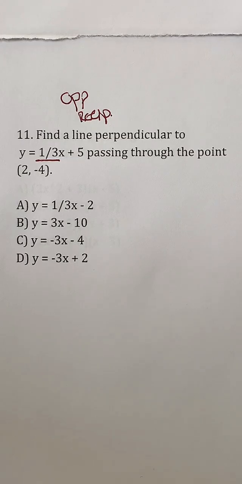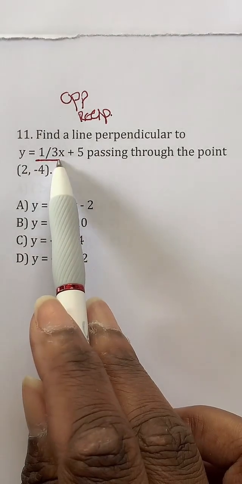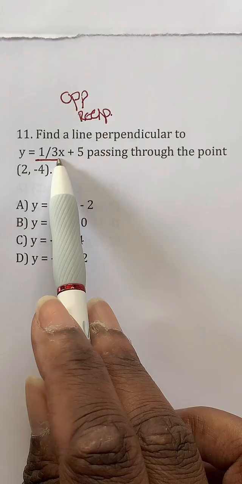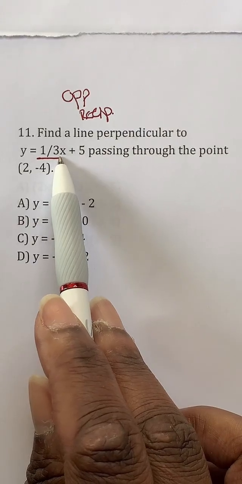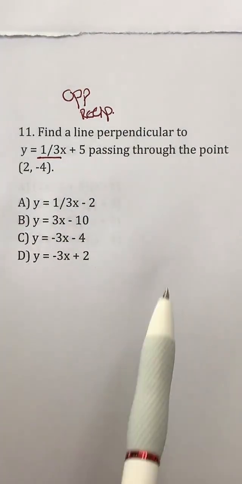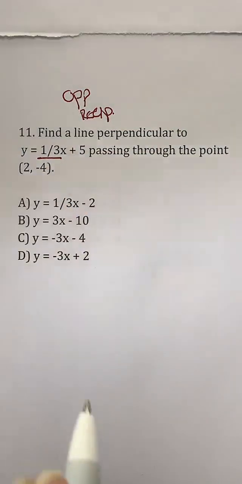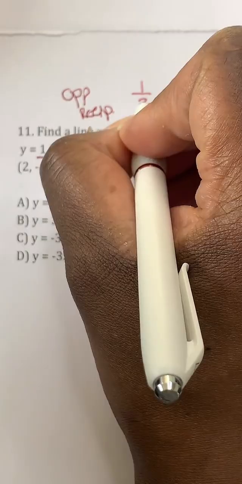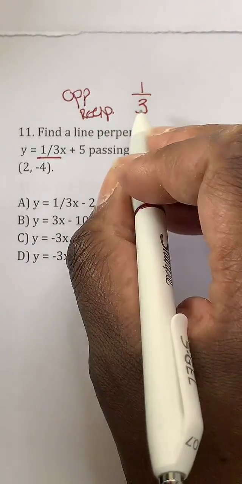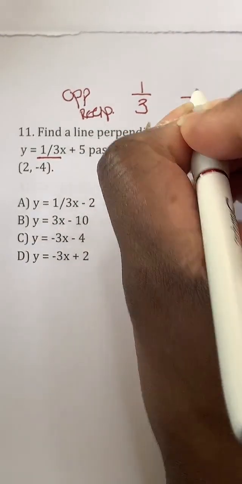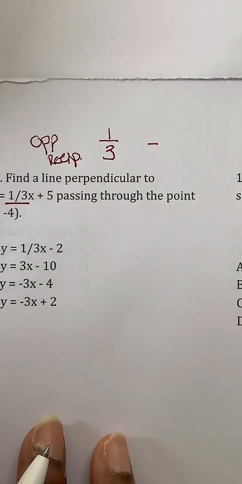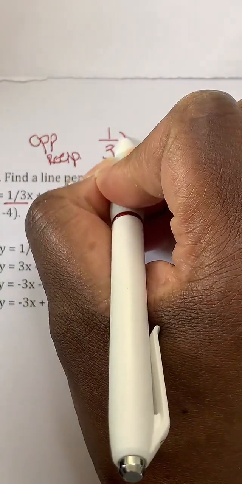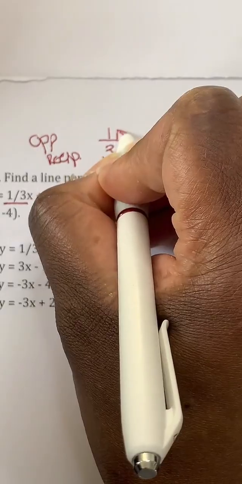Opposite meaning one's going to be positive and the other one's going to be negative. So if my original is positive, that means the opposite is going to be negative. Reciprocal means flipped. So if I have 1/3 as my slope, my opposite is going to be a negative, and my reciprocal is when we flip it.